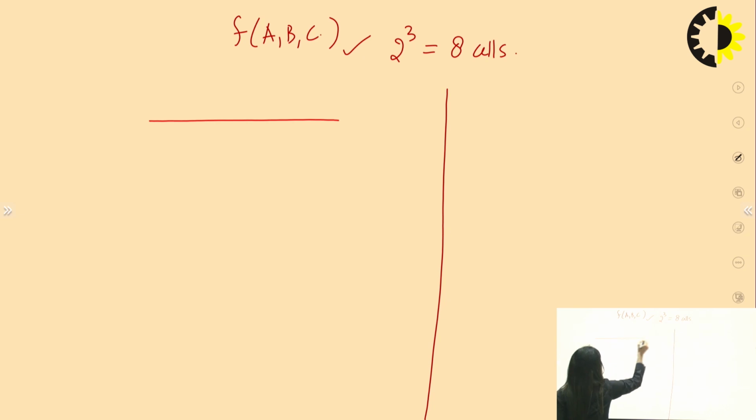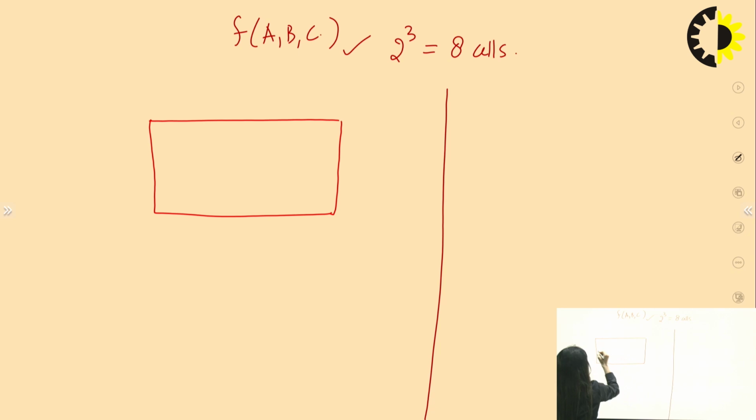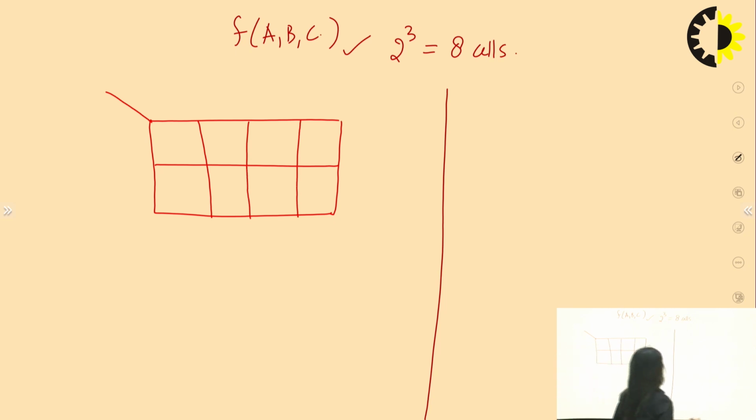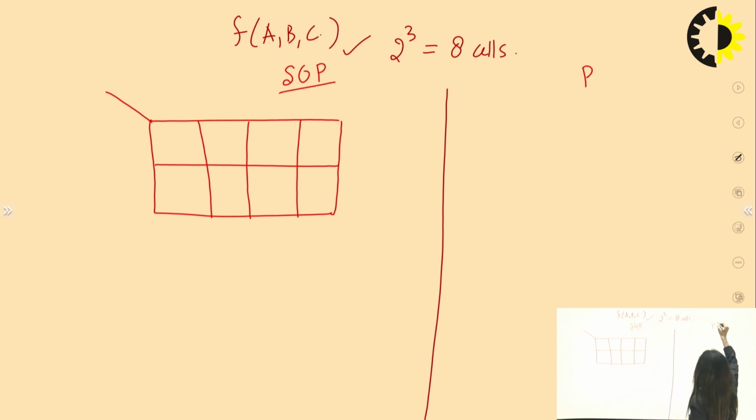So we have to make 8 cells for SOP and for POS.